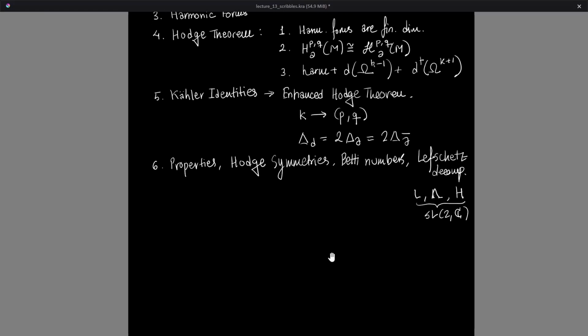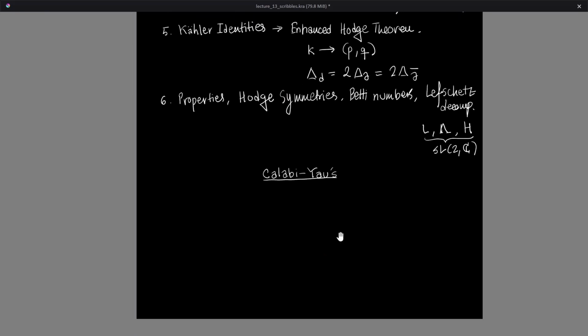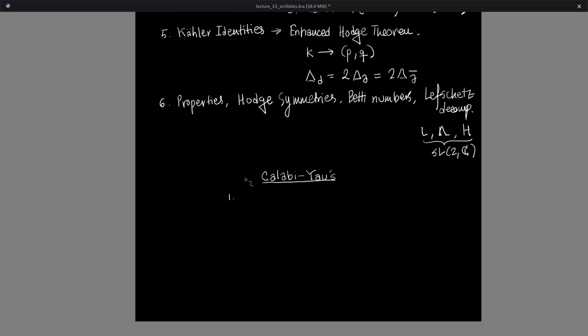So now we're going to talk about Calabi-Yaus. And specifically, let me start off by talking about our agenda for today, what we're going to cover. We're first going to talk a little bit about the history of how Calabi-Yaus came into being. We're going to cover Calabi's conjecture and Yau's proof.